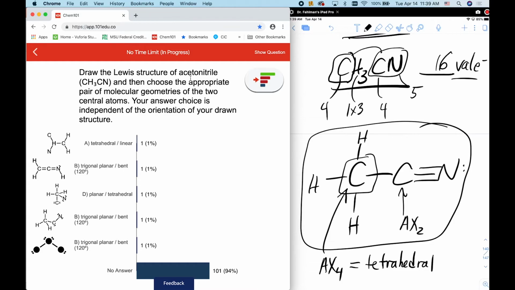So this would be your AX2. No lone pairs around that carbon, so that's just linear. So the 2 geometries will be tetrahedral and linear. One person had it. This was the wrong structure here, but yes, tetrahedral and linear.